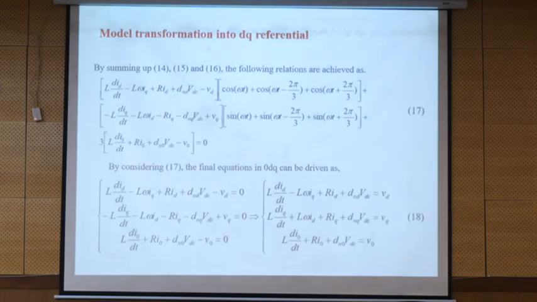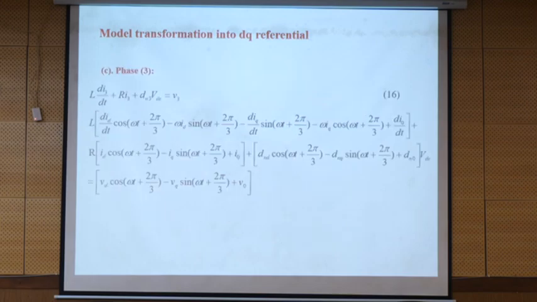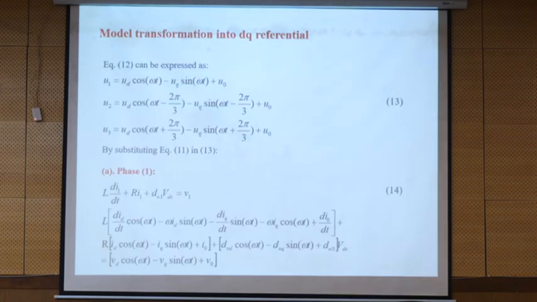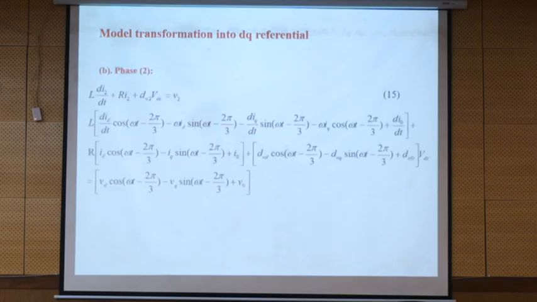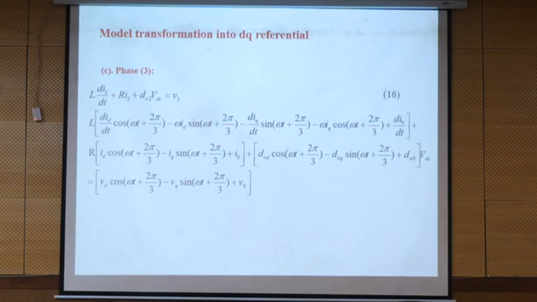So now we get back, actually we have 3 phases: phase 1, phase 2, phase 3. We transfer from ABC to dq0. By this assumption, we make the summation of the 3 equations: phase 1, equation 14, phase 2, equation 15, phase 3, equation 16.